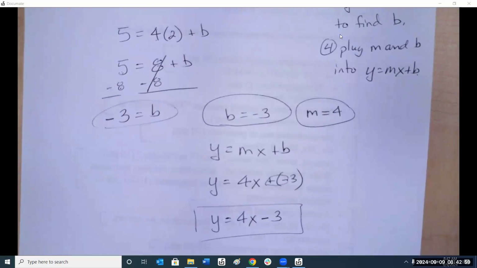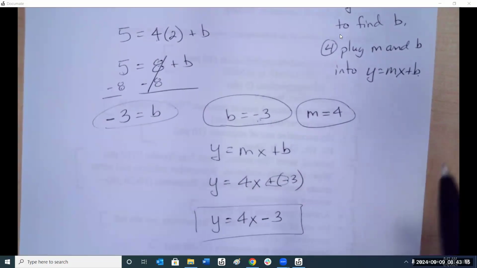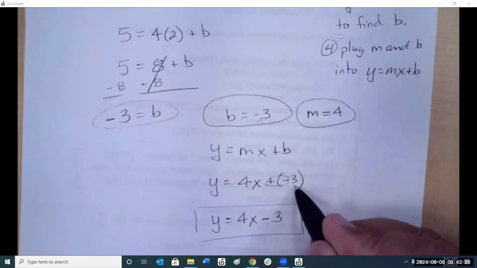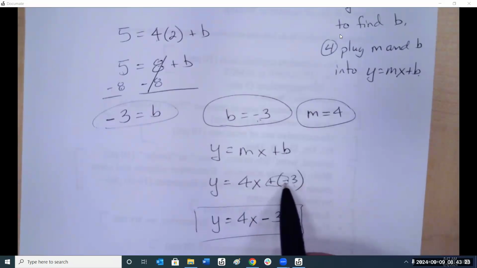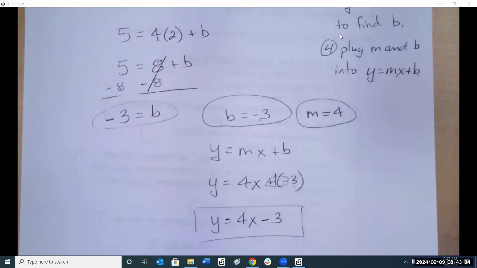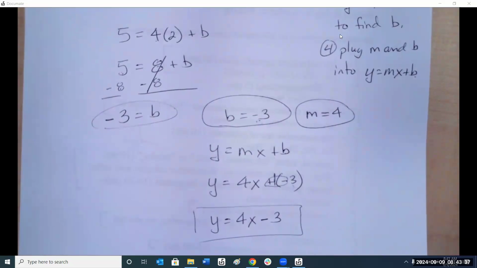The only thing different from the first example is I didn't give you the point and the slope. I gave you 2 points. You find the slope, repeat the process. So far, so good? Because b was -3, the formula is mx plus b, so I have to put in -3 in there. Since this is actually a multiplication, it's +1 times -3, which makes it a positive times negative, which is a negative.